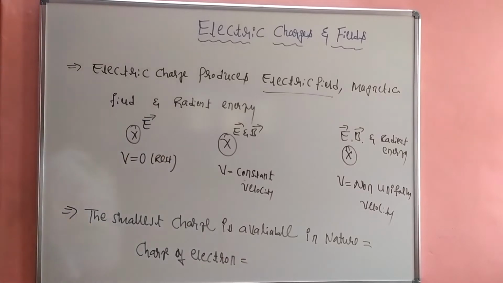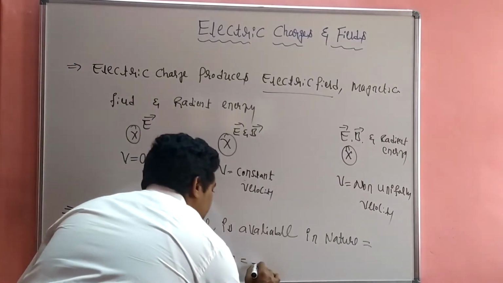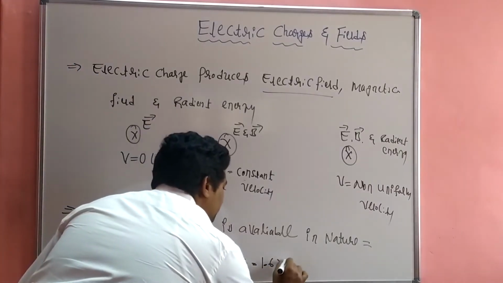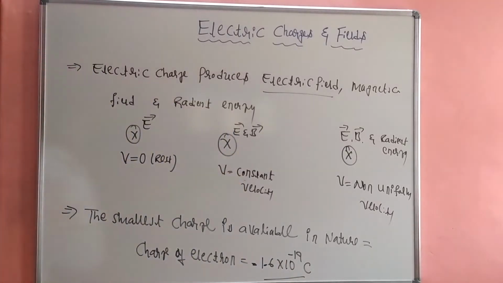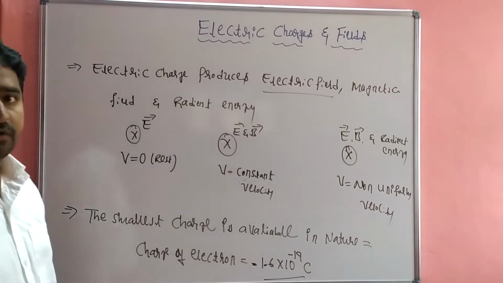So how much? The value of charge of electron is equal to minus 1.6 into 10 to the power of minus 19 coulomb. So this is the charge of electron.